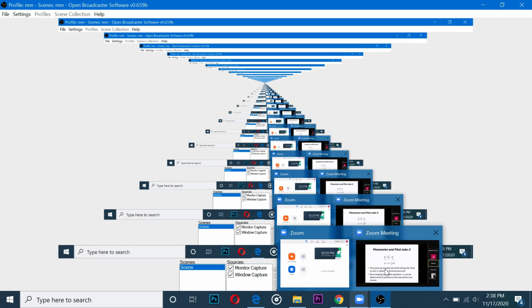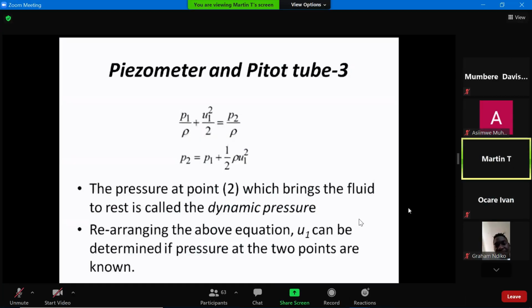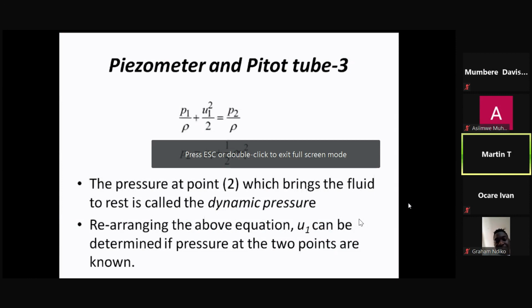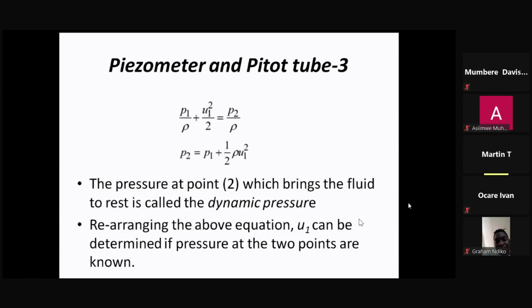To stop it, it has to do work. So there is that dynamic pressure that is exerted. That's why P2 is bigger than P1. So the pressure at point 2, which brings the fluid to rest, is called the dynamic pressure. And the dynamic pressure is bigger than the static pressure.